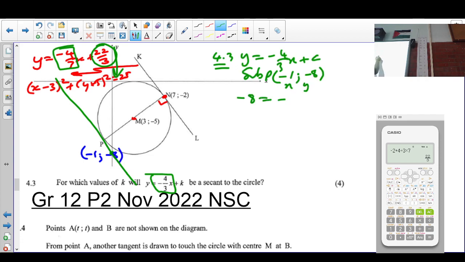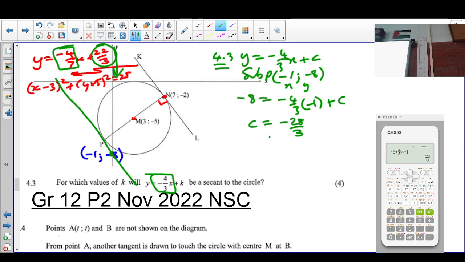So negative 8 is equal to negative 4 over 3 times negative 1 plus c. So c works out to be negative 8 plus 4 over 3 times negative 1, which is negative 28 over 3. Okay, which is the lower limit.